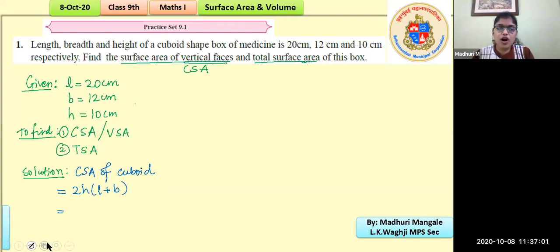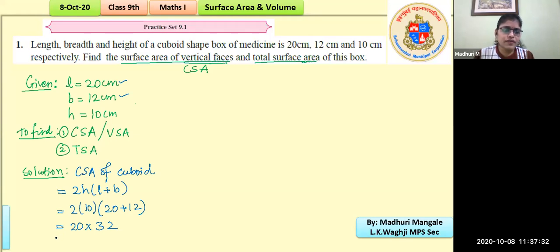So I want all of you to try it out. These numbers are really simple and the calculations are also going to be really easy. So try working with me. Twice of height, height is 10, times L plus B. L is 20 and B is 12. So 2 times 10 is 20, and we add up these two numbers, 20 plus 12, that would give us 32.